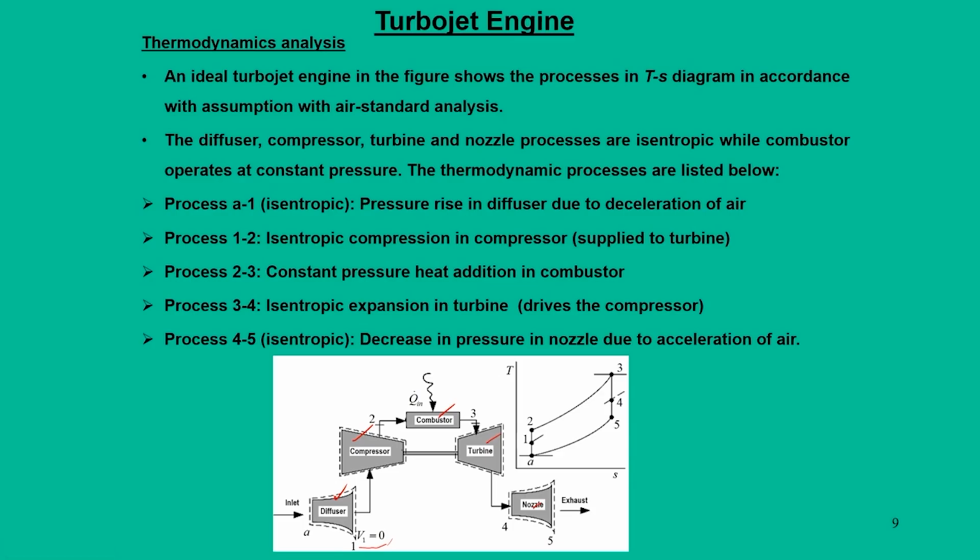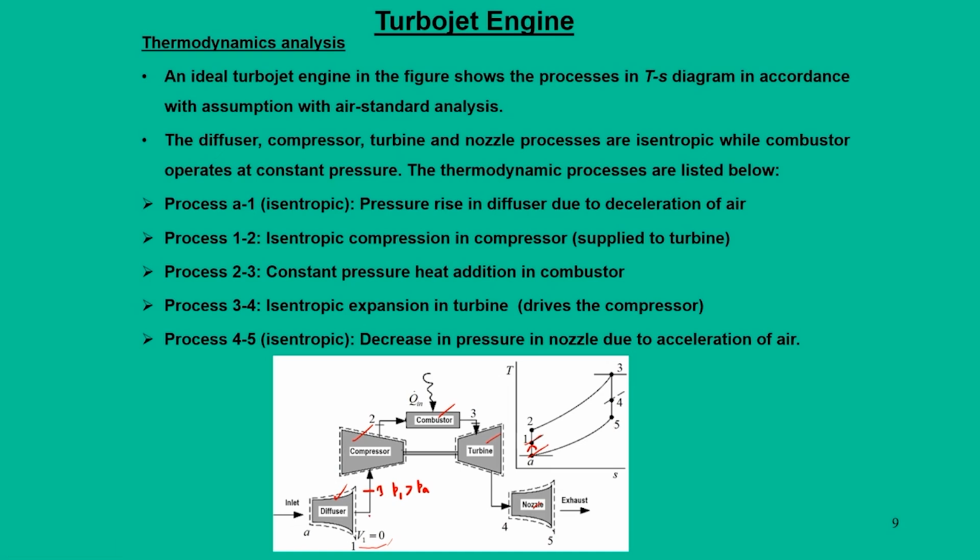That means the entire kinetic energy of the air gets converted to pressure energy. So, we get at state 1 pressure P1, and that is higher than the pressure PA. You can also see here, PA and P1, P1 is the higher pressure.